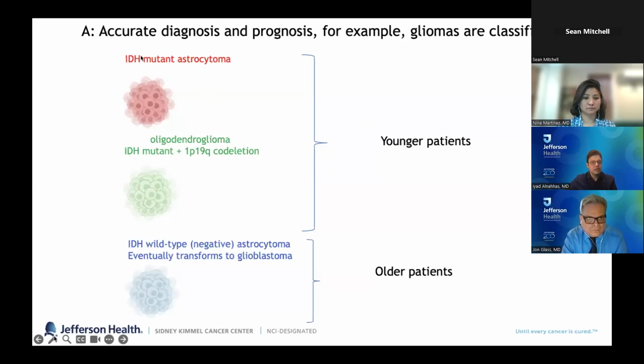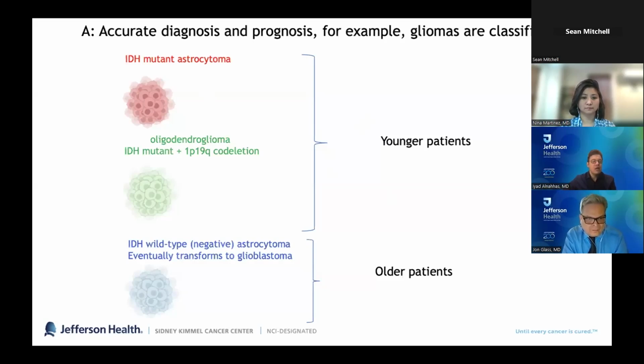The astrocytomas can either have what we call an IDH mutation or be negative, what we call the IDH wild type for that mutation. IDH being an enzyme that helps us in metabolism in general, in metabolism of different nutrients.